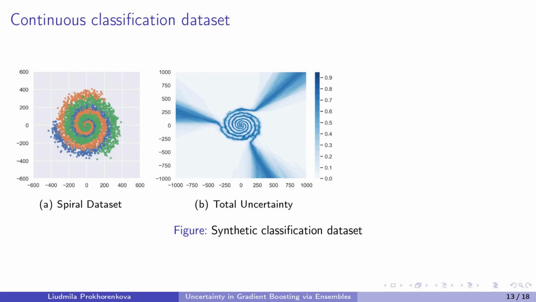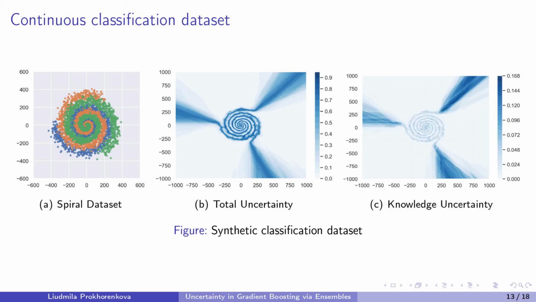If features have values outside the training domain, then the prediction is the same as for the closest elements in the dataset. In other words, the model's behavior on the boundary of the dataset is further extended to the outer regions. Then we plotted the knowledge uncertainty.